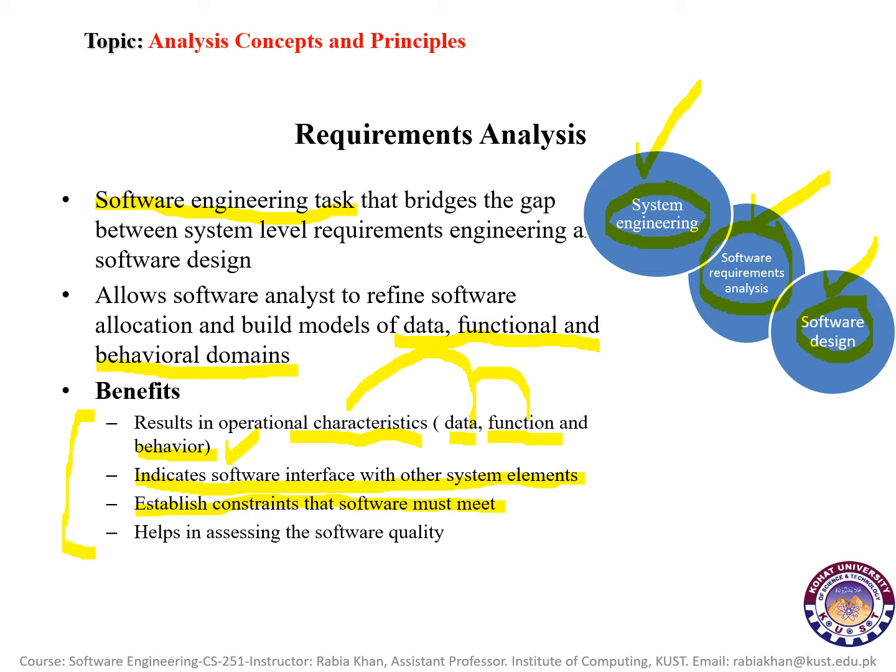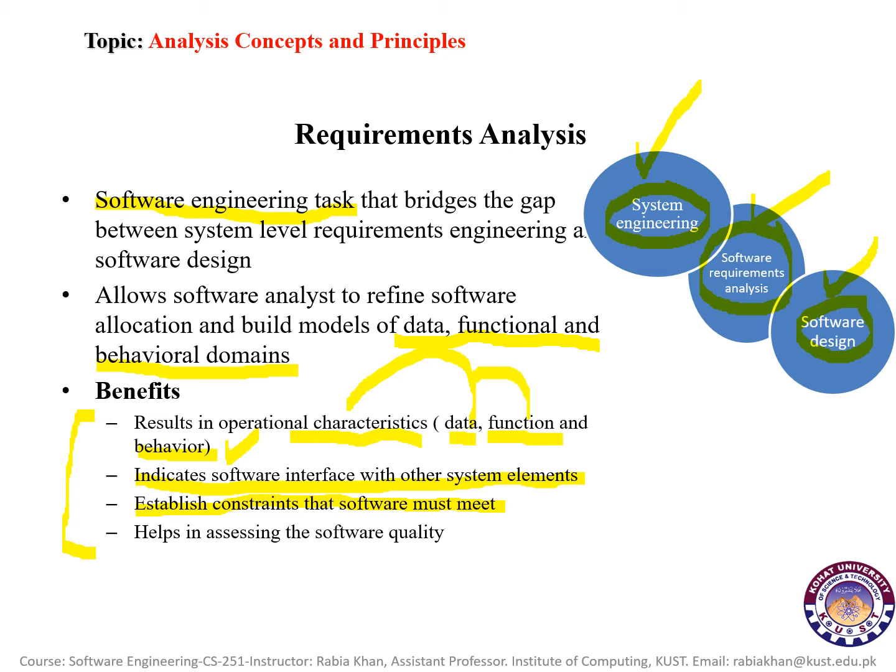Requirement analysis provides the software designer with a representation of information, function, and behavior that can then be translated to data, architectural, interface, and component level designs. Once requirements are analyzed, they are forwarded to the software designer, who then develops different levels of designs out of them.